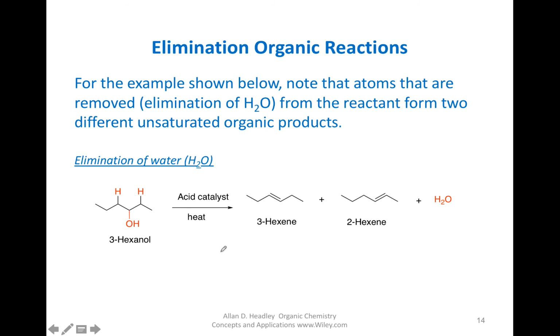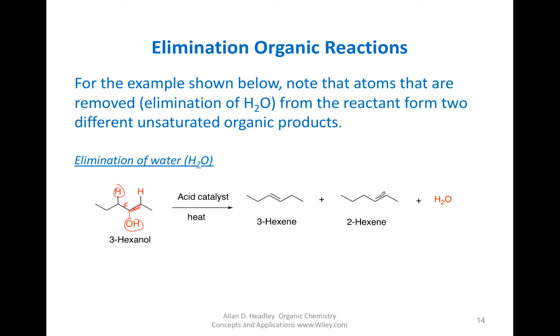One thing I should point out here, and I'm sure you've thought of this, is why is it that the elimination in the previous example took place right here? Couldn't it have taken place across this carbon here to have HOH? And the answer is yes.